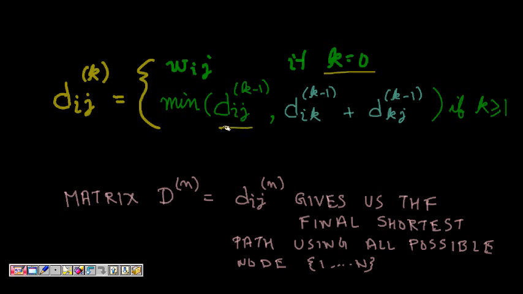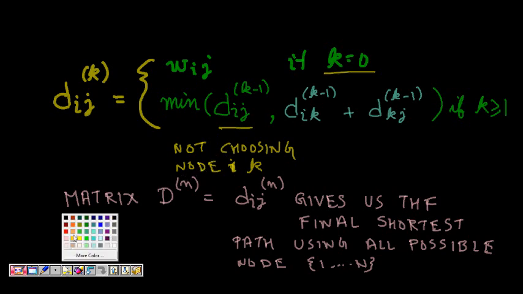So here I am not choosing node k, so node k is not in the shortest path from node i to j with nodes 1 to k as intermediate steps.